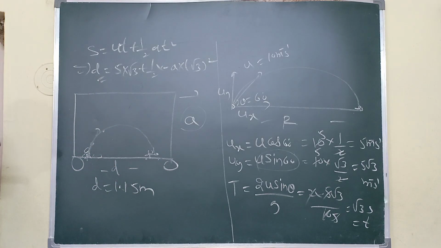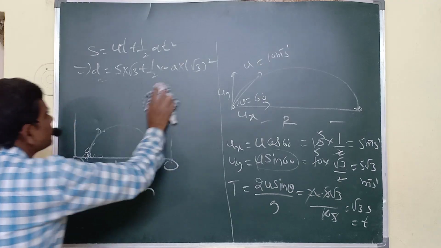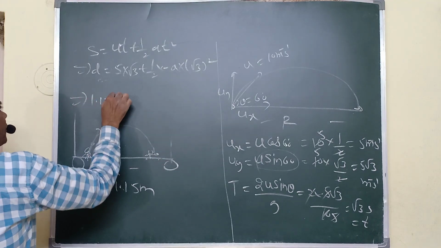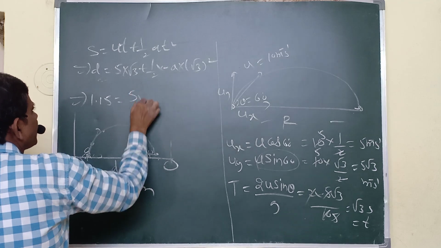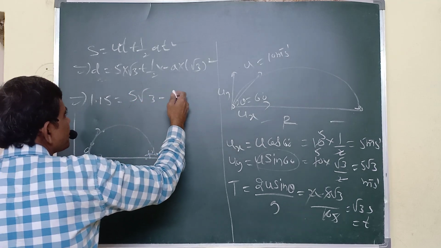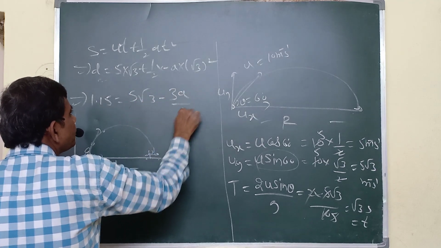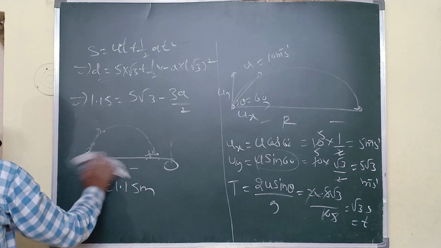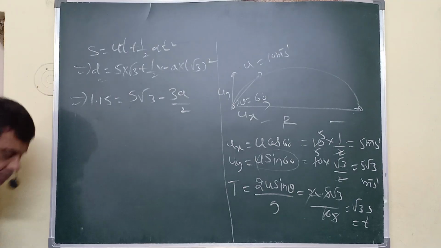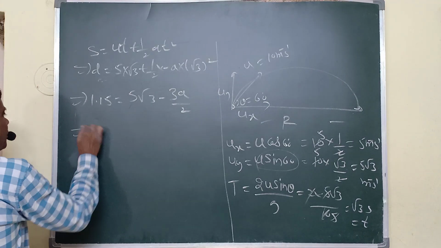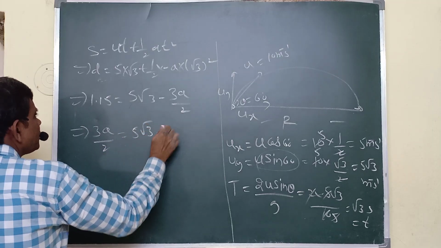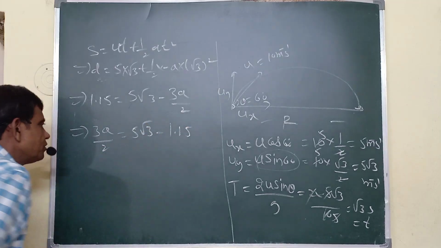So this implies 1.15 equals 5 root 3 minus 3a by 2. Then 3a by 2 equals 5 root 3 minus 1.15.